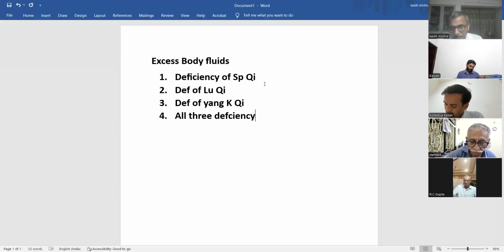Swelling in the middle portion, that is the abdomen, indicates a weak spleen. If the spleen becomes weak, so many complications will appear.